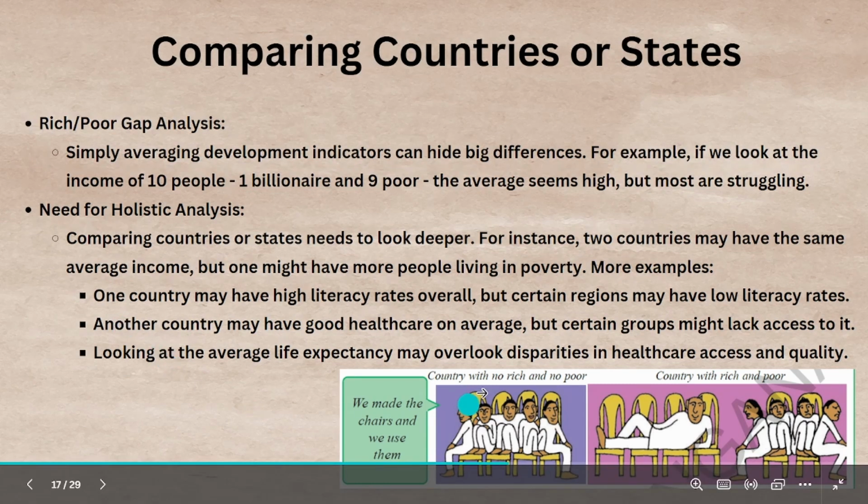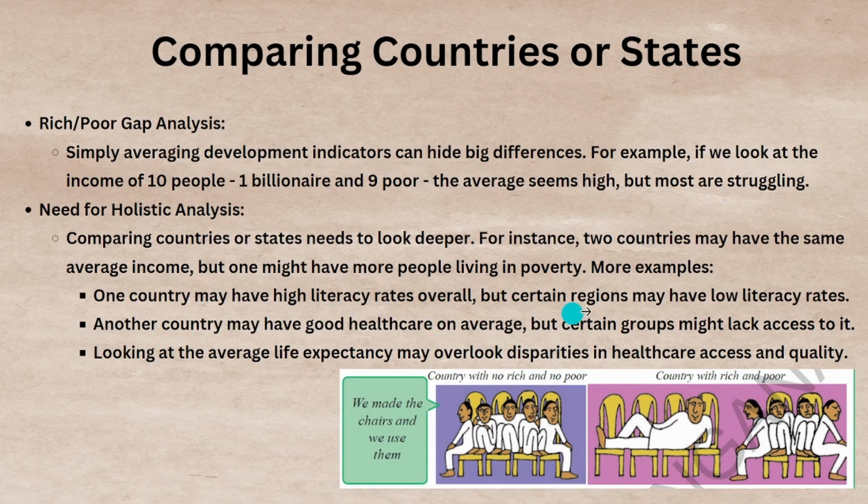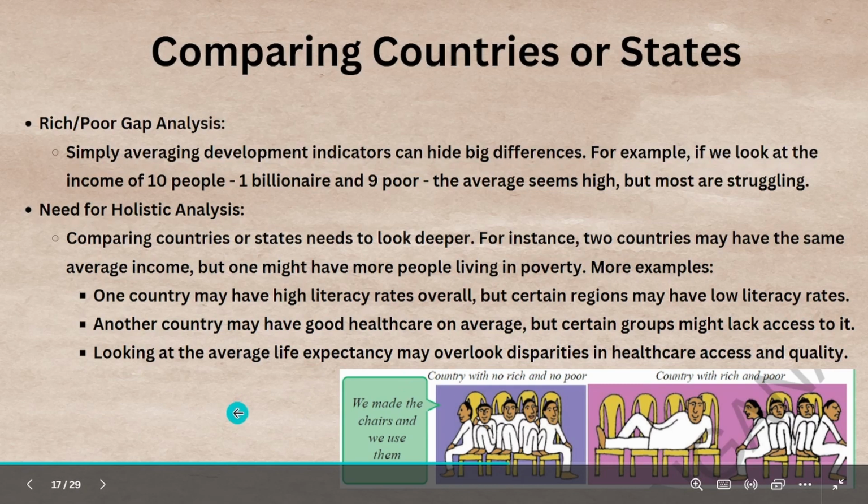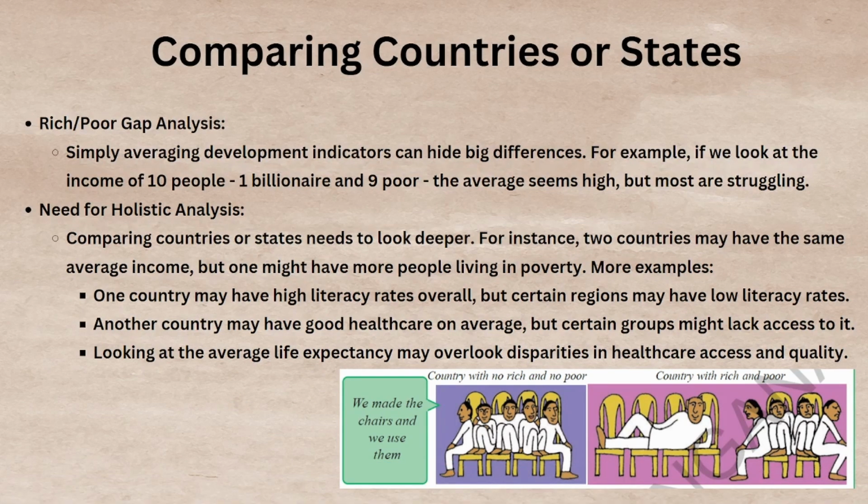So these are the points which highlight the same thing. One country may have a high literacy rate overall, but certain regions may have a low literacy rate. Like if you take the whole of Telangana, including Hyderabad, all cities, all poor villages, all rich villages, you will get an average which will not indicate how much the literacy rate is in a lower or backward village, right? So that's the main point.